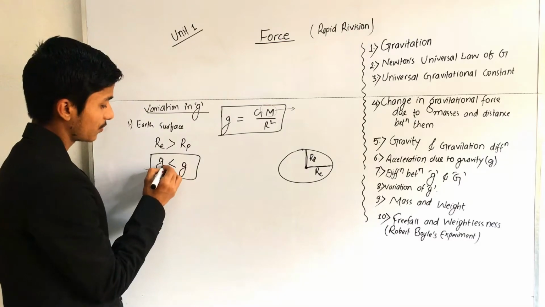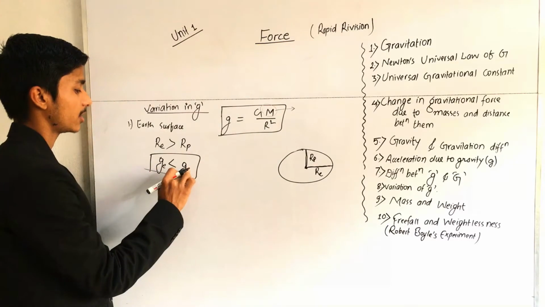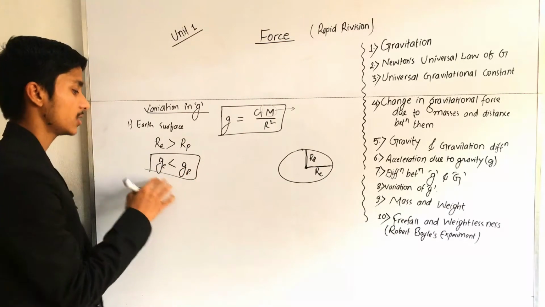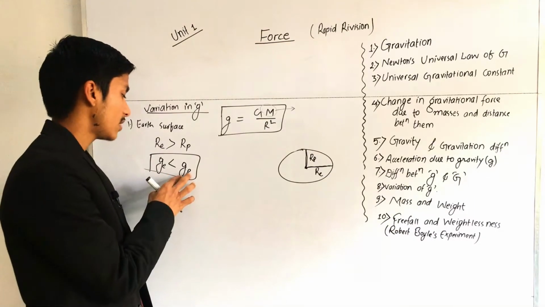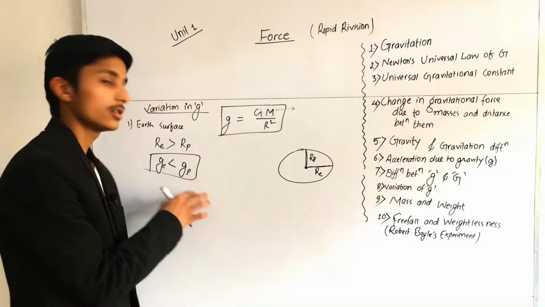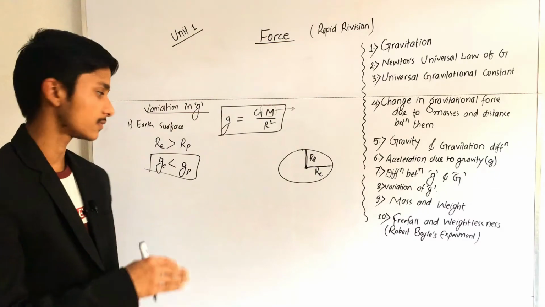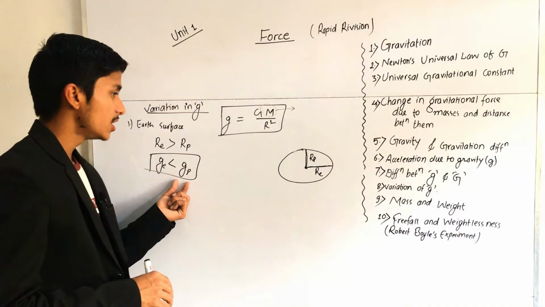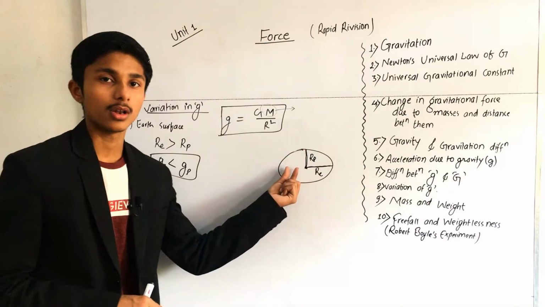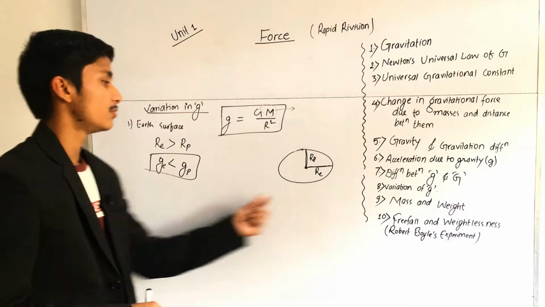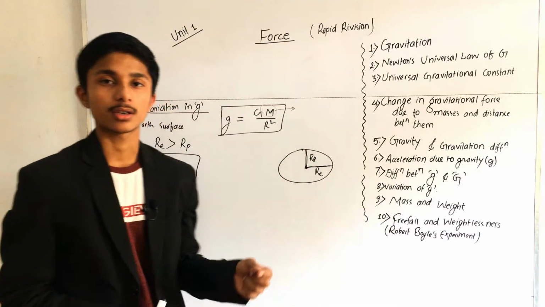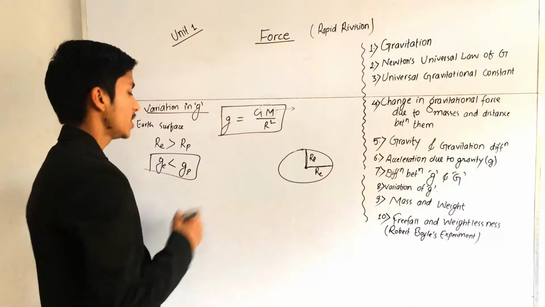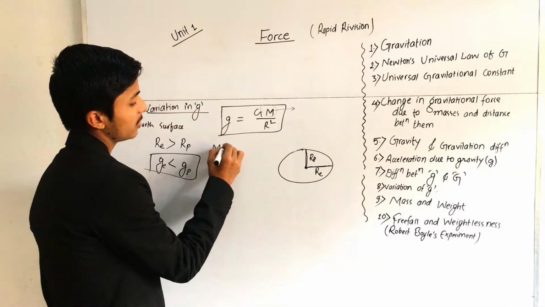The value of acceleration due to gravity on the equator is less than the value on the pole. It means the value of g will be maximum at the pole and minimum at the equator.